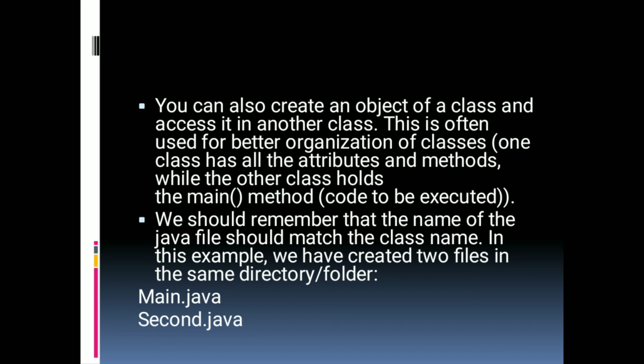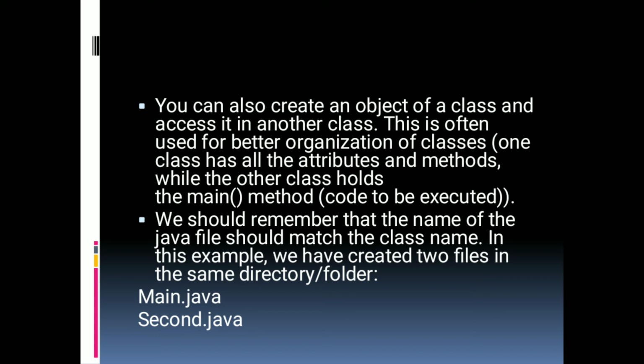One class has all the attributes and methods, while the other class holds the main method code to be executed. That's why we create an object, for the better organization of classes.